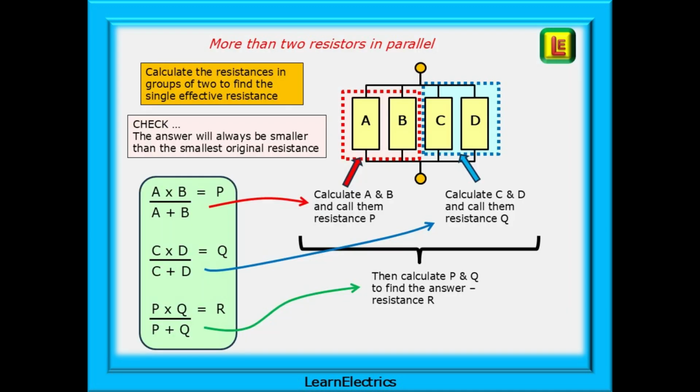If we have more than two resistances in parallel, simply calculate two at a time to get temporary values. Then apply the same MAD formula to these to reach your final answer as shown here. And remember, the final answer, the effective resistance, will always be smaller than the smallest of the original resistances. A good way to check that you've applied the formula correctly.